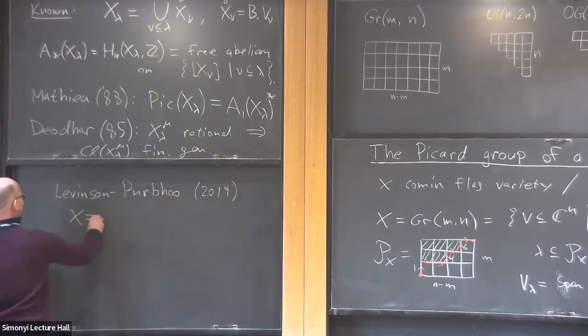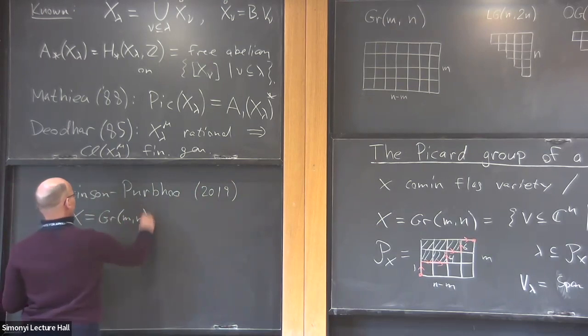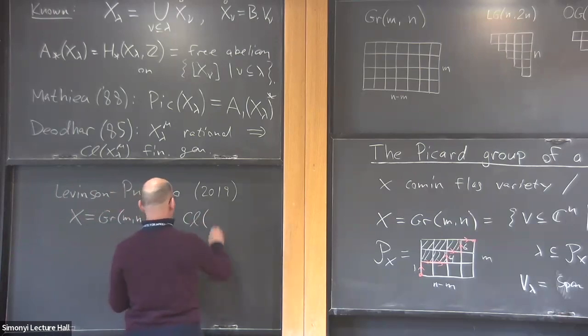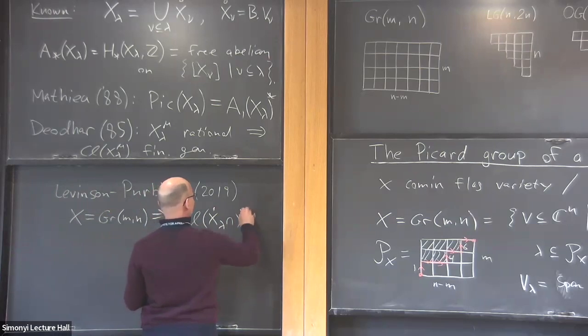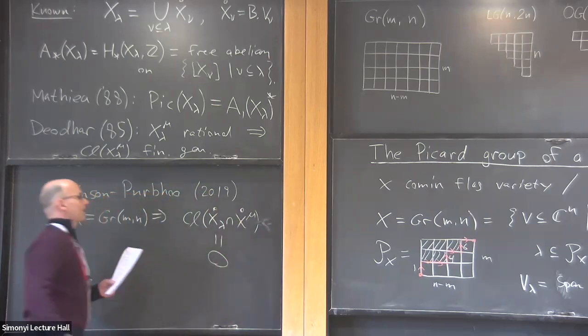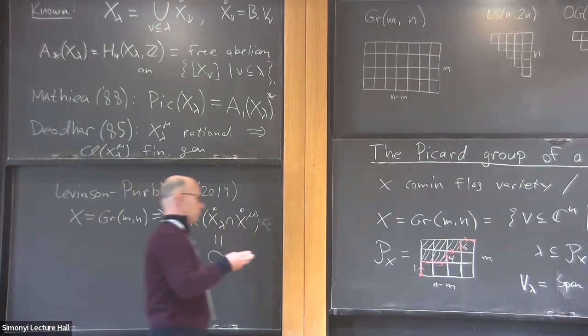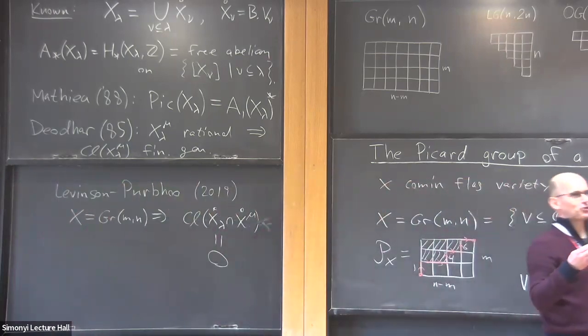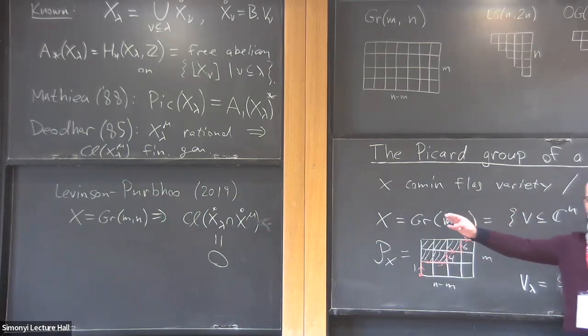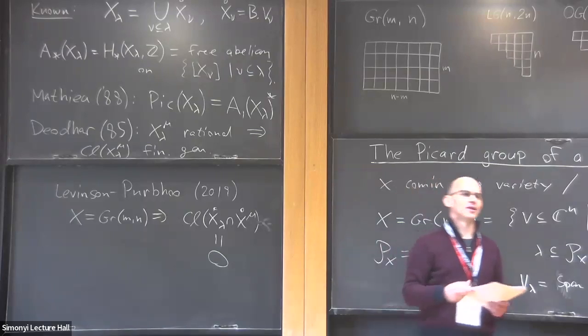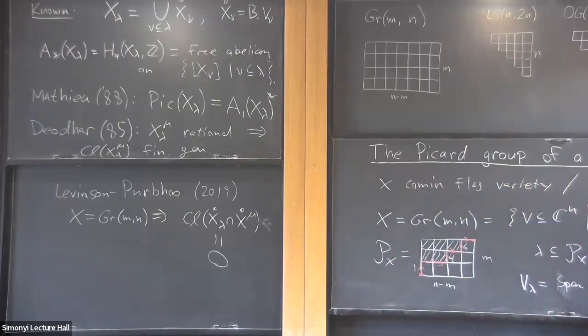They show that when X is the Grassmannian, then the class group of the open Richardson variety is 0. What that tells you is that you can say more precisely which generators you can take. The class group of the whole Richardson variety is generated by boundary divisors, but we don't know the relations.